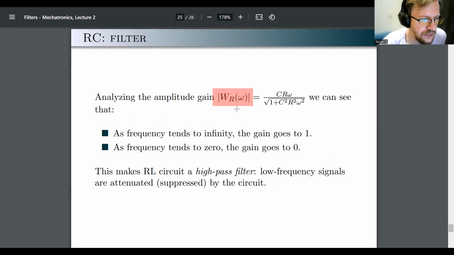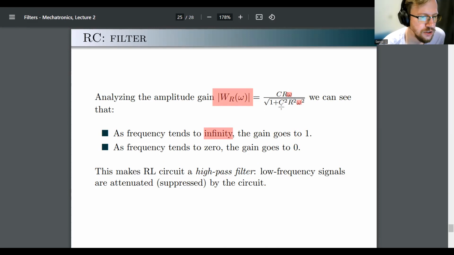So when frequency goes to infinity, this guy goes to infinity and this guy goes to infinity squared. Notice that downstairs, the entire expression will be dominated by c squared, r squared, omega squared. This one will play absolutely no role. But the square root of c squared, r squared, omega squared is c r omega.